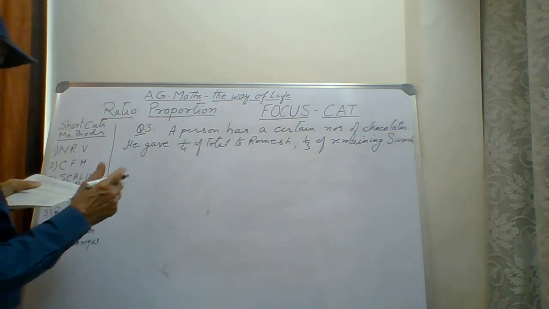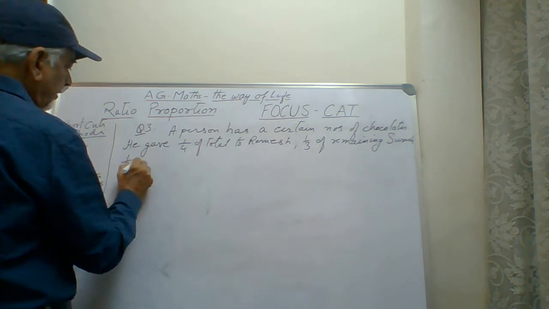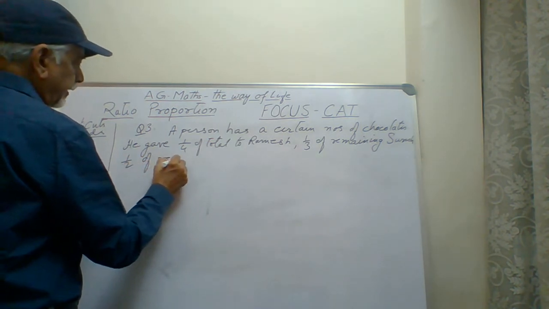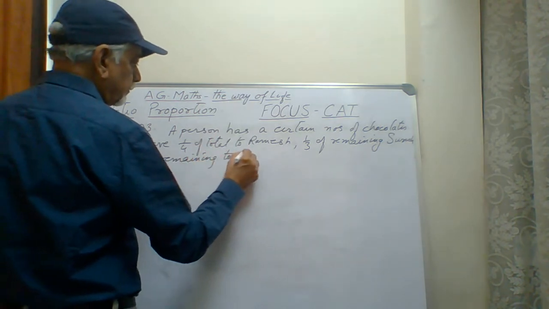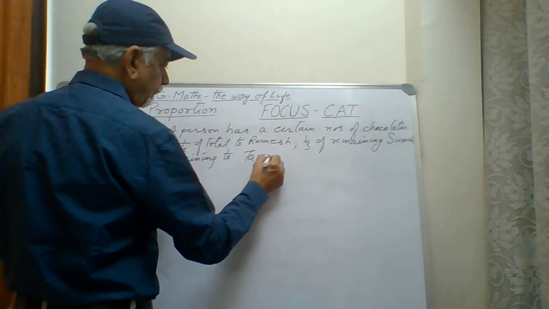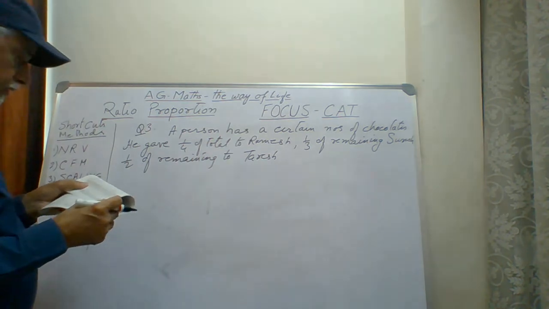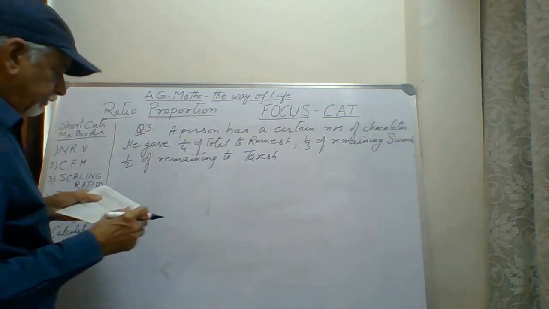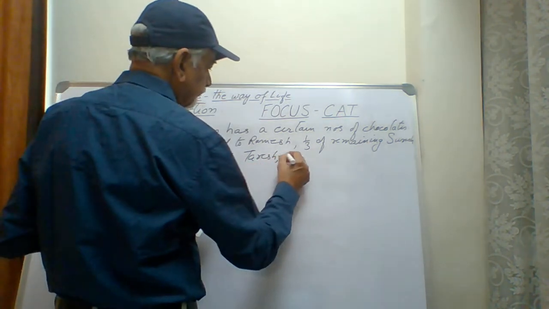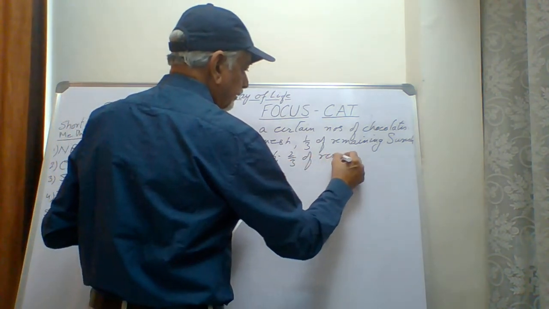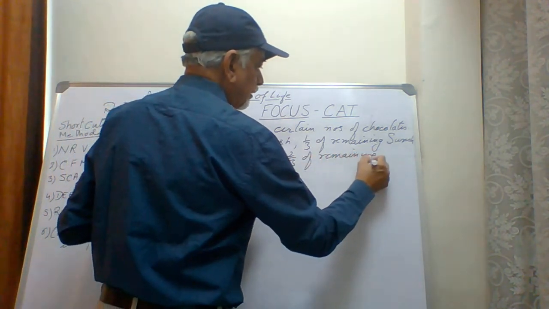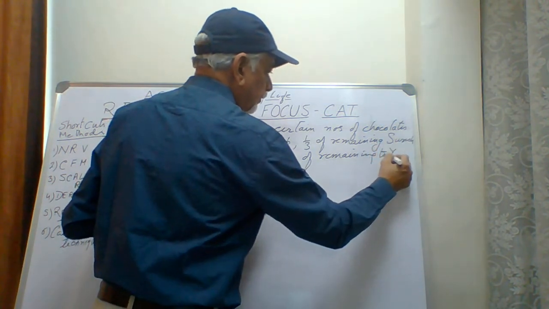Half of the remaining to Taresh. 2/3 of the remaining to Yogesh.